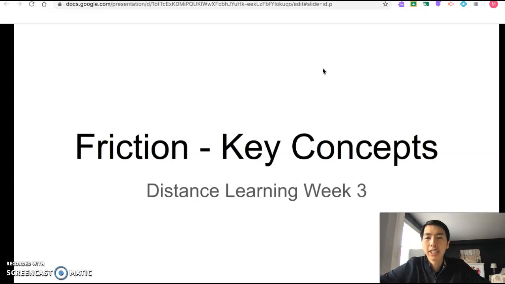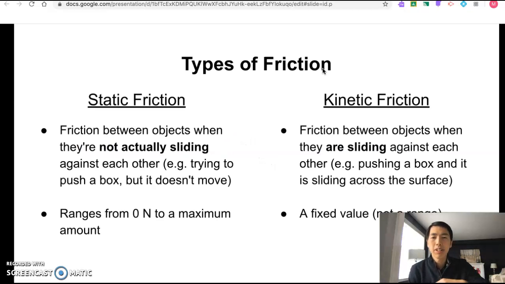Okay, the first thing to know about friction is that there's two types. There's static friction and there's kinetic friction. So the word static is related to the word stationary, meaning not moving. So there's going to be friction between objects, and they might not move.